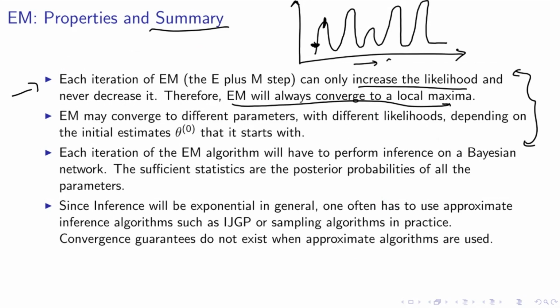On the x-axis I have theta, and on the y-axis I have the log likelihood of theta. If I start the EM algorithm using this initialization, I'll reach that local maximum. If I start over here, I'll reach that local maximum, which is worse than our previous one. And if I start over there, I'll reach a local maximum which is also the global maximum.